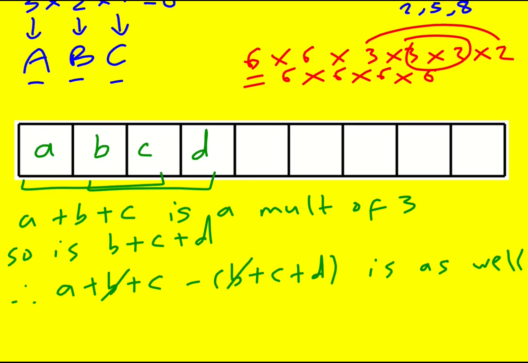And these cancel and these cancel. So A minus D must be a multiple of 3.